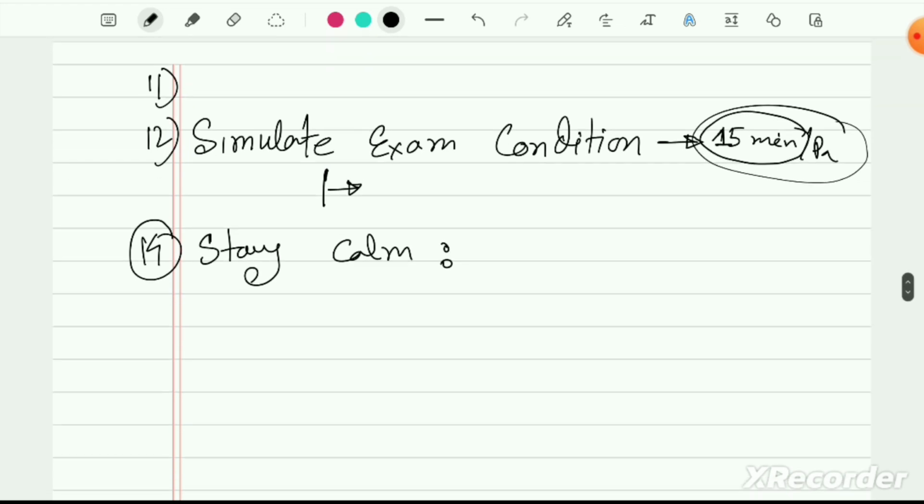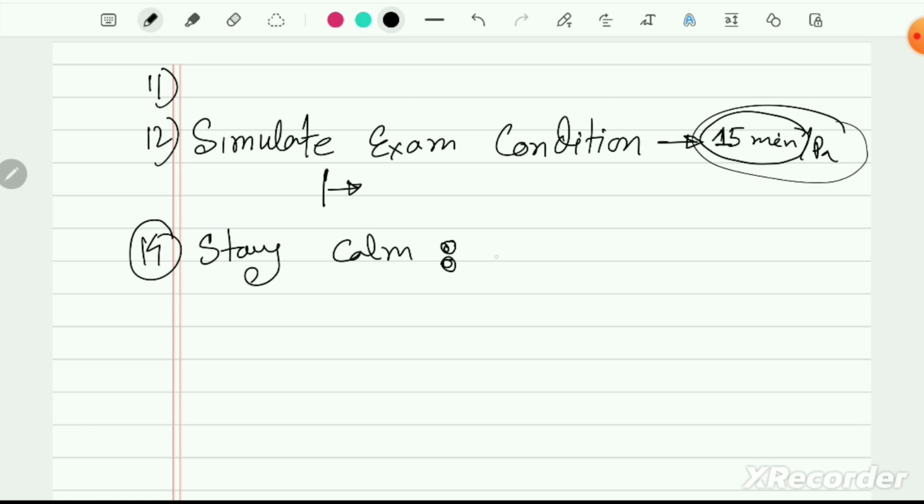Okay, so some students, after doing mathematics, physics and other parts of the exam, feel kind of dizzy or sometimes overwhelmed. So they may feel panic, but you know, staying calm is very important. You should stay very calm.